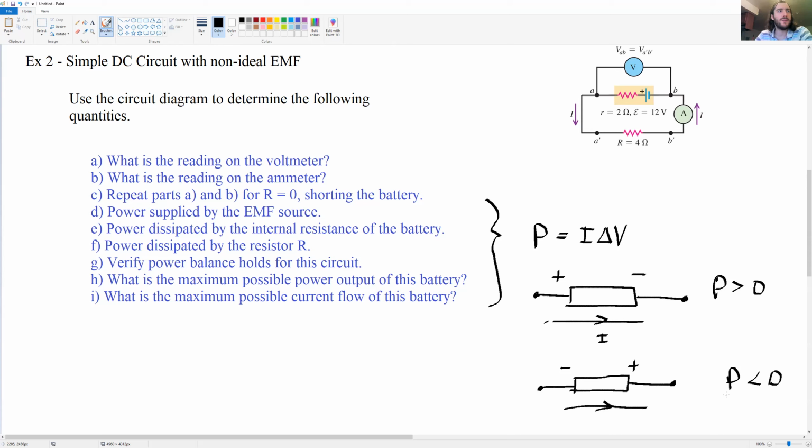And the power is being supplied when the current flows from low potential to high potential. And whenever power is being supplied, we put a minus sign. I think that's explanation enough for you to get started working on this example.